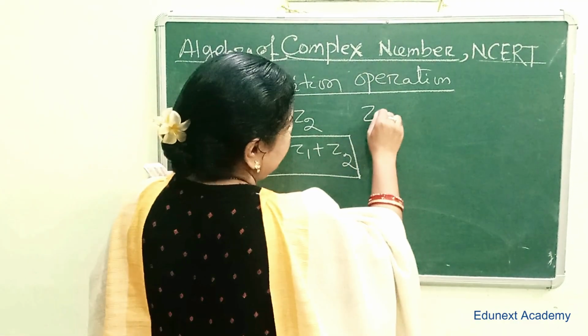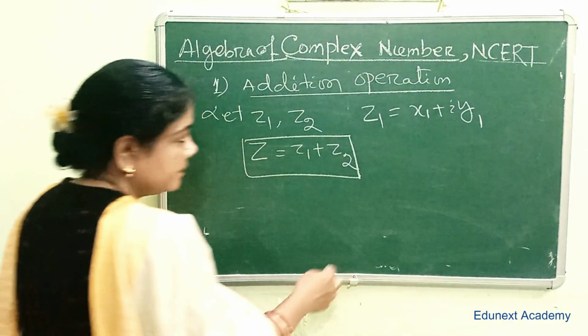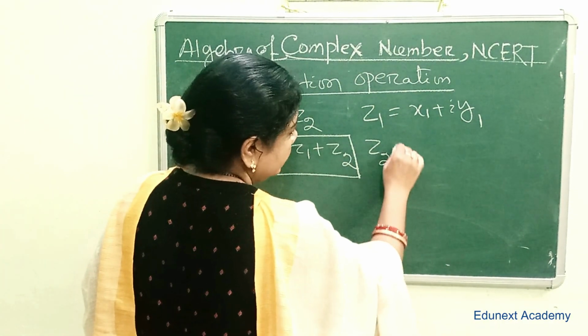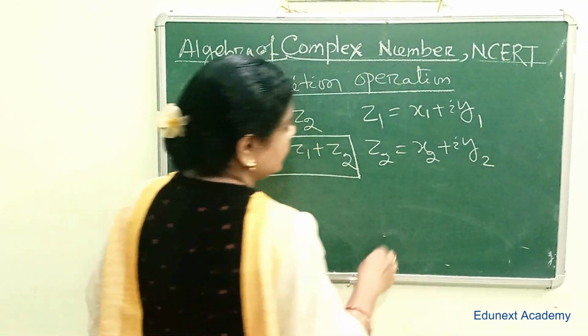Let's see how. Let Z1 be equal to x1 plus iy1, and Z2 equal to x2 plus iy2.